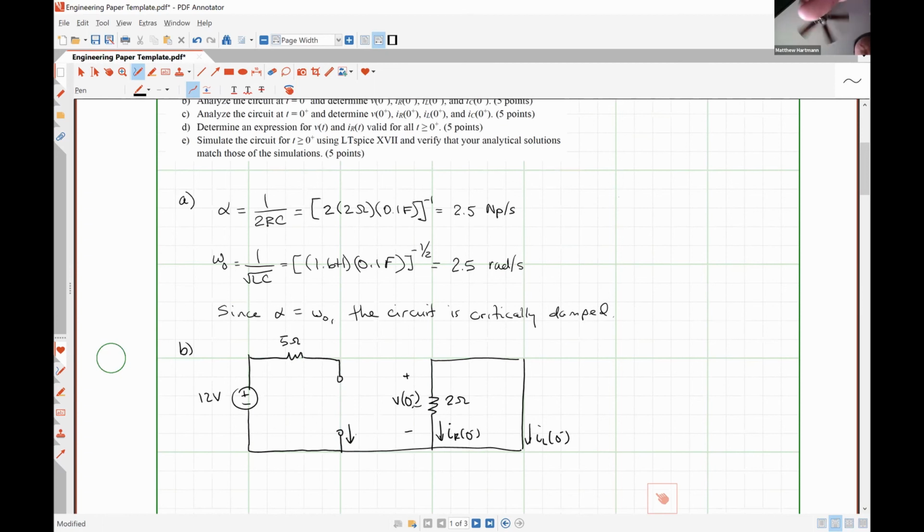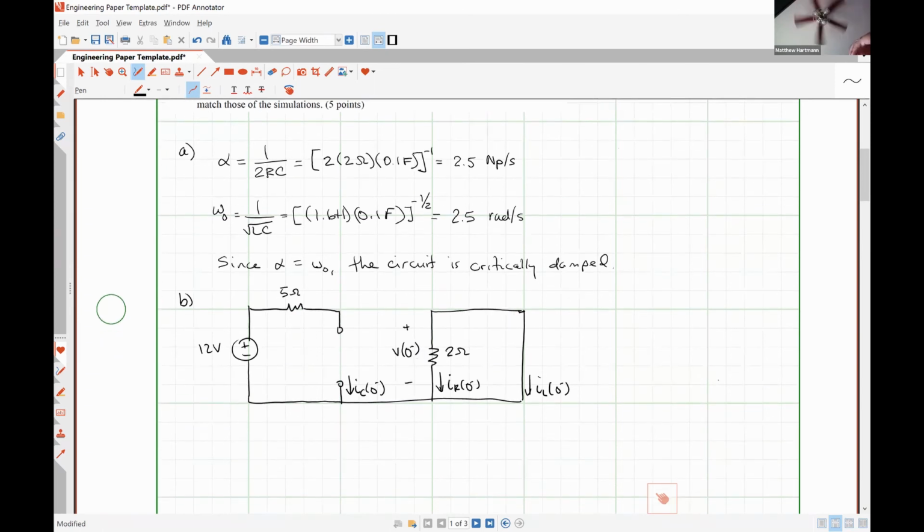And finally, we have our capacitor current IC at 0 minus. So which of these parameters can we get without really doing any circuit analysis whatsoever? Pretty much all of them, right?